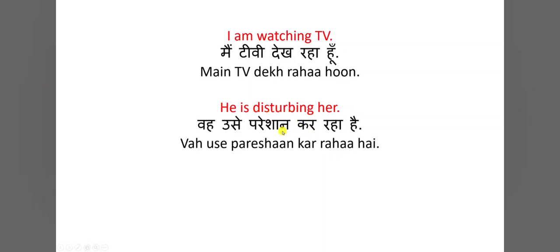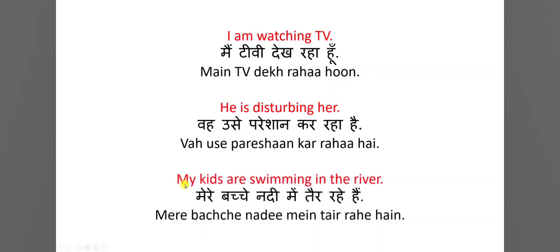Okay. Here the verb is of two words. परेशान कर. This entire thing is disturb. Okay. And then raha is ing. Hai is.